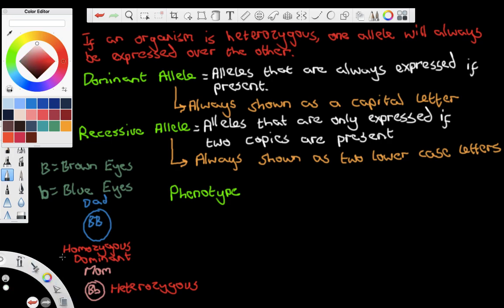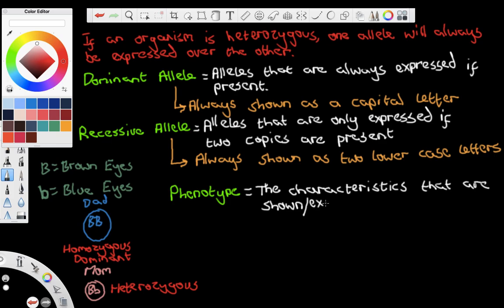The phenotype is the characteristics that are shown or expressed by the organism.